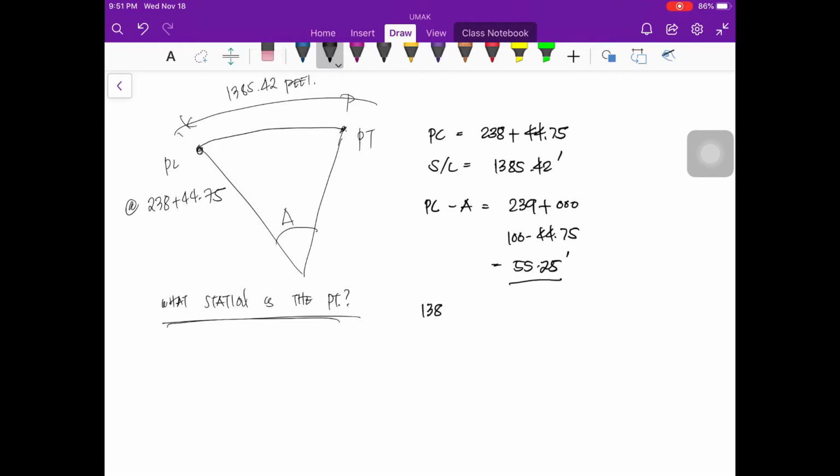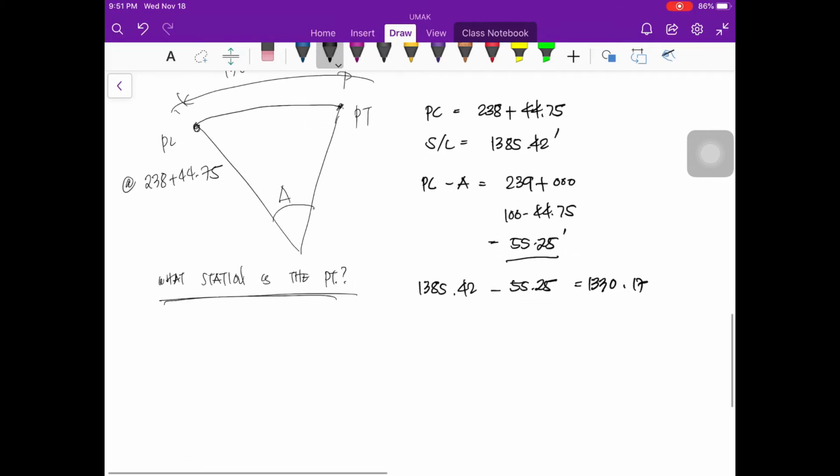So 1385.42 minus 55.25. So the remaining will be 1330.17. Okay, so how many stations are there?